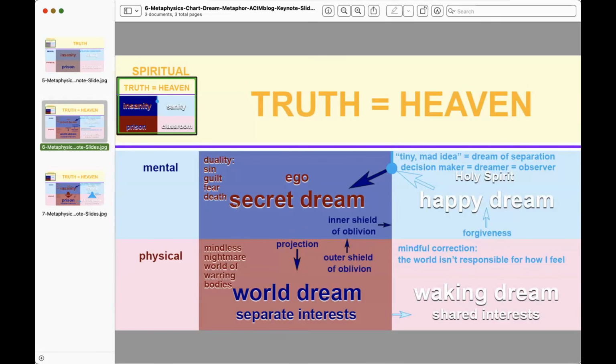So the second sentence: there is no need to shrink from illusions, for they cannot be dangerous. Well, everything below the line is an illusion, right? Everything below that purple line is an illusion. And the Holy Spirit is the smart part of that dream that says, let's look at this craziness together and see that nothing happened. So the third sentence: we are ready to look more closely at the ego's thought system, because together we have the lamp that will dispel it.